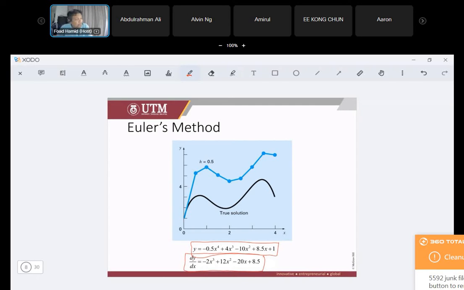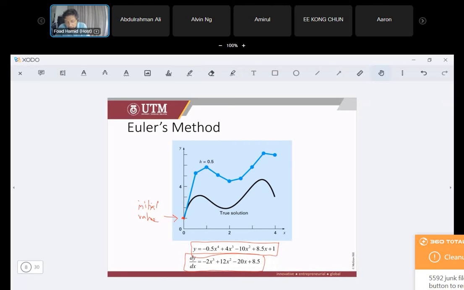Now take a look. Our first value is the given value, what we call the initial value. There's nothing we can do about the initial value because we are going to use that. And note that this is h 0.5.